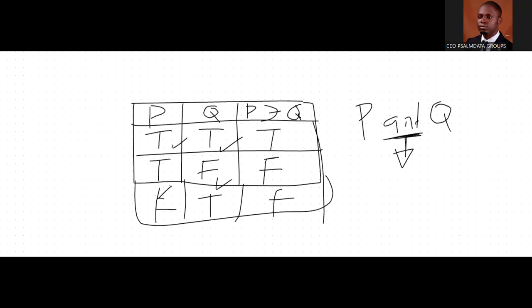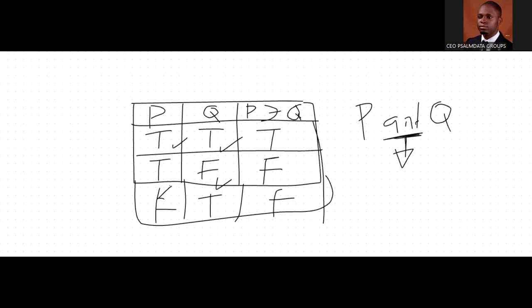Let me tell you something. If I said 3 plus 4 is 7, and also said 4 plus 3 is 7, both are true, right? So if I combine them together, 3 plus 4 and 4 plus 3 is equal to 7, it's true.